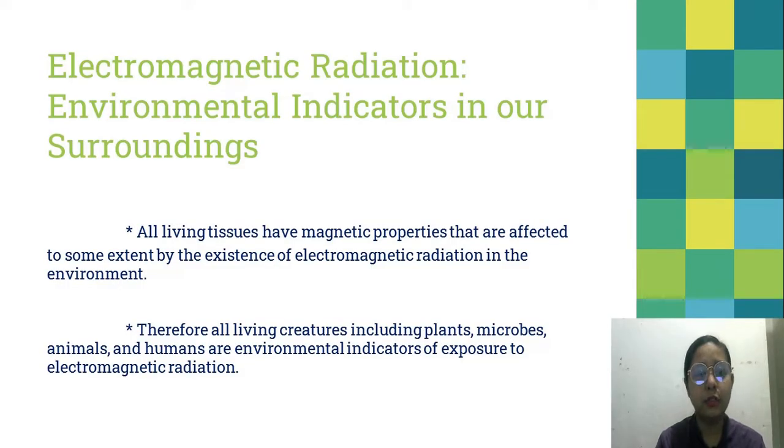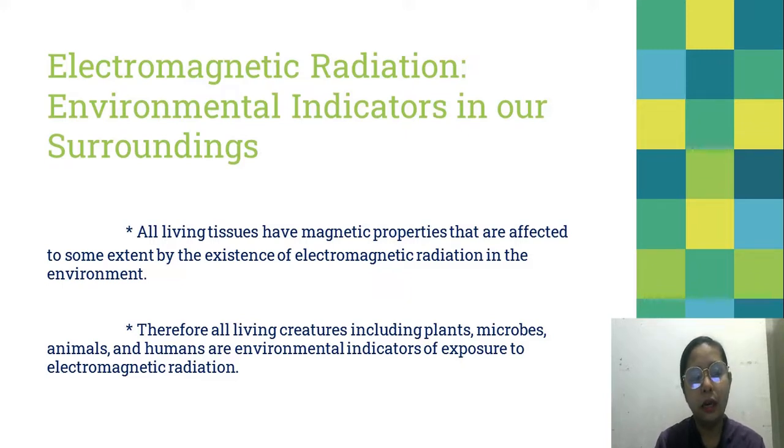Electromagnetic radiation, environmental indicators in our surroundings. Let us first identify the indicators in our surroundings. All living tissues have magnetic properties that are affected to some extent by the existence of electromagnetic radiation in the environment.